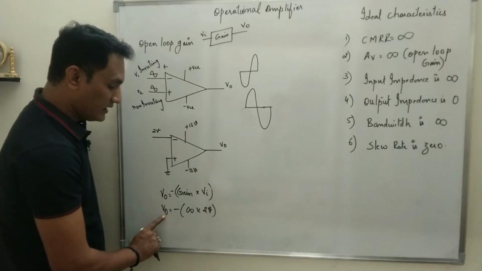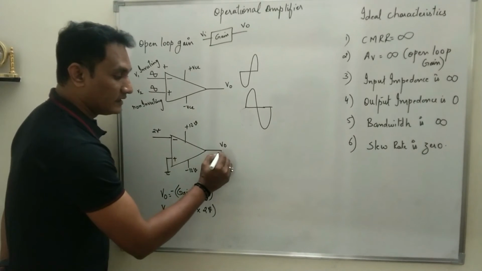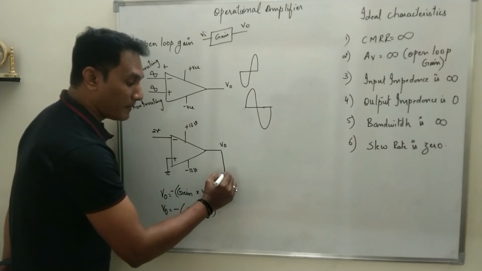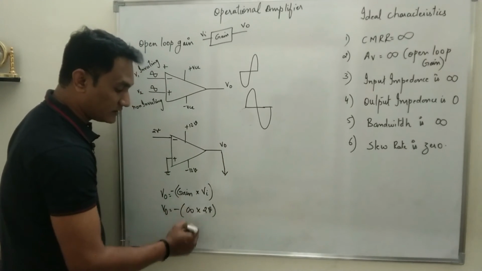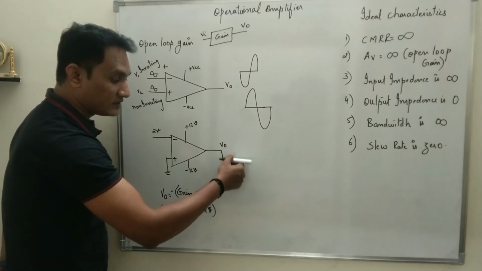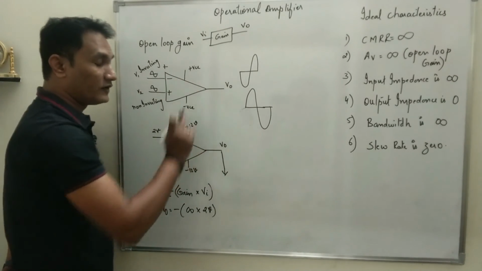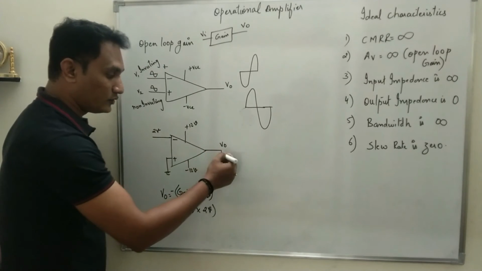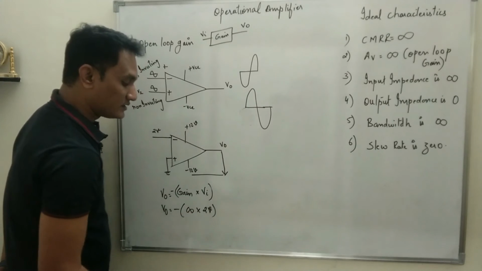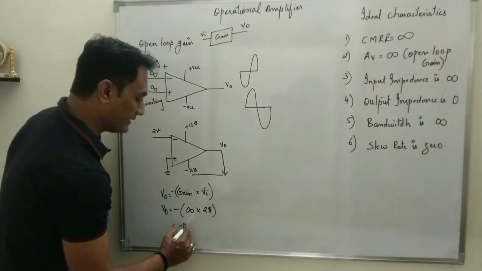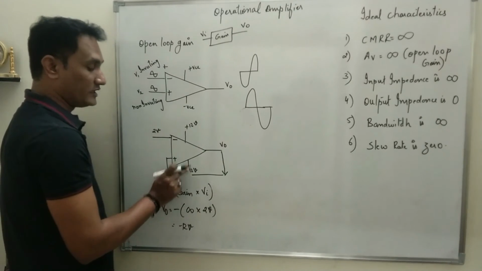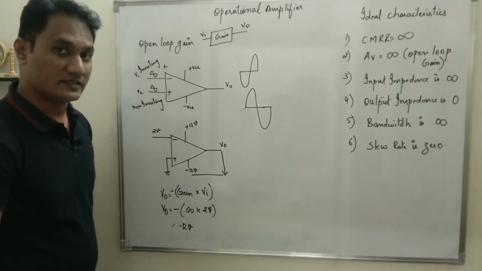The output will keep on increasing, but what will be the maximum value? It is moving towards negative. As the input is positive, the output will keep on increasing towards negative, as there is a phase shift of 180 degrees between input and output. So the output will keep on increasing till it reaches minus 12 volts. That is the maximum negative supply voltage which has been applied to the operational amplifier.